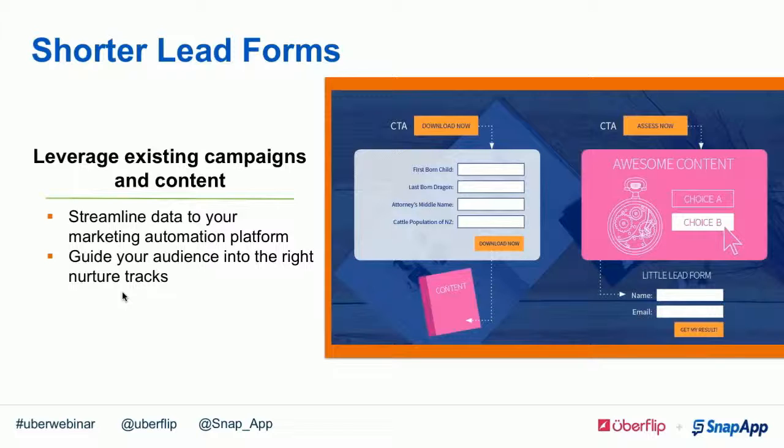But with interactive content, we're kind of putting that on its head. Instead of just another boring download, then we have our crazy long lead form, your first name, your last name, your attorney's middle name, all these crazy questions. It's kind of invasive. Then we give you the content. We're saying, no, let's pull you in with a cooler call to action, so assess now.